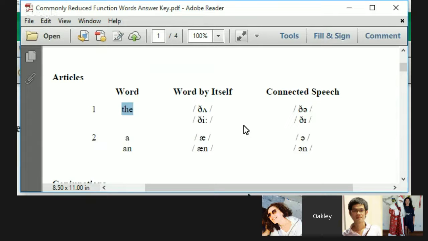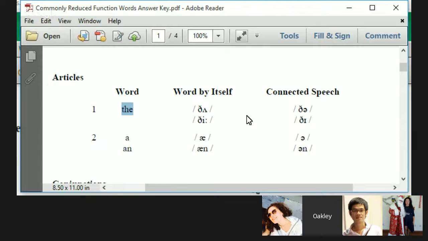So there are several of the words we're going to be looking at today, tomorrow, whatever, the next day. They may be pronounced differently depending on what word or what sound actually they precede. So THE has two pronunciations, actually, several reduced forms.